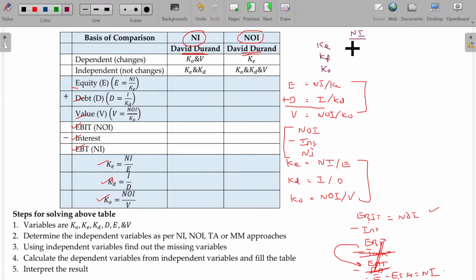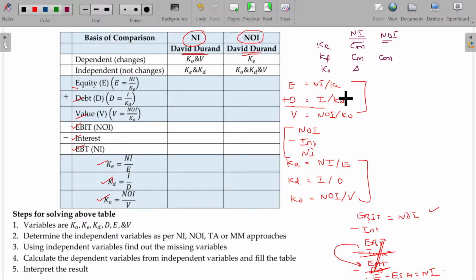Equity shareholders will take the same, no change, constant. Debt, they demand the same 1 chocolate, constant. Because of adding the debt, their requirement is lesser. As I'm capable of earning more, that extra earning will be the company's saving. So this will be changing. But in case of NOI, debenture holders will take the same, constant, but equity shareholders' demand will be increasing.